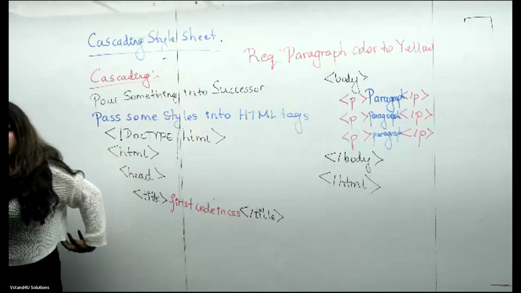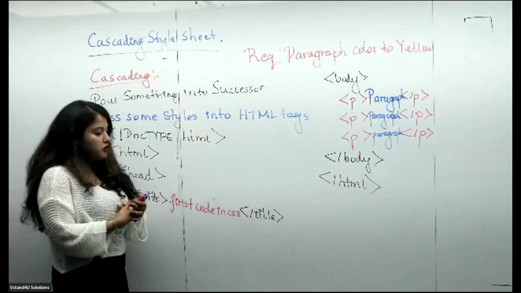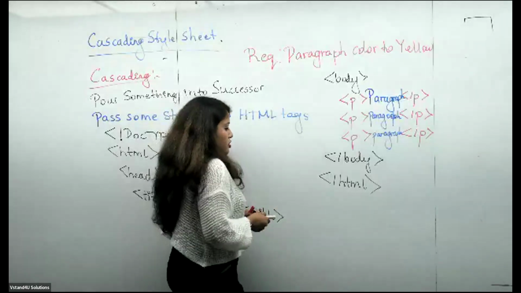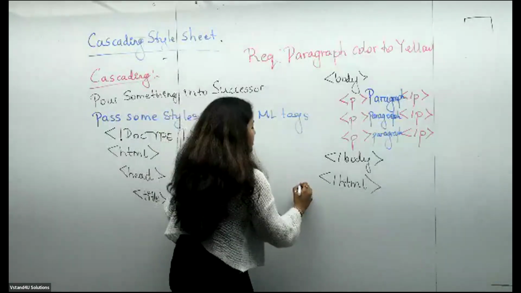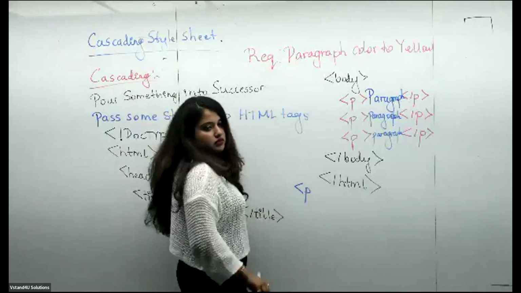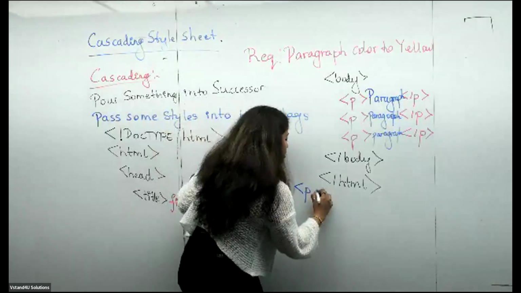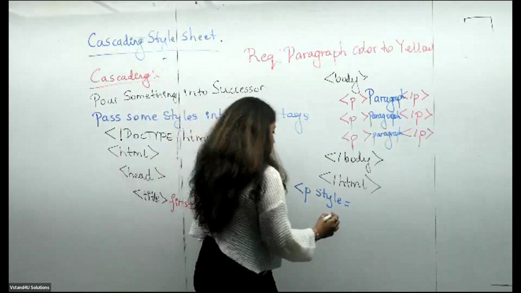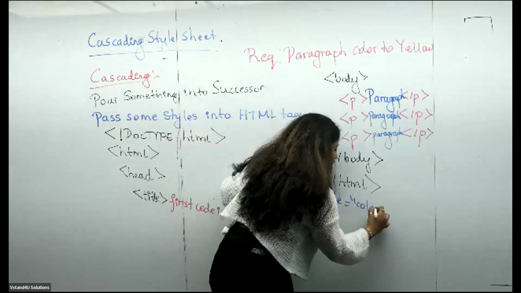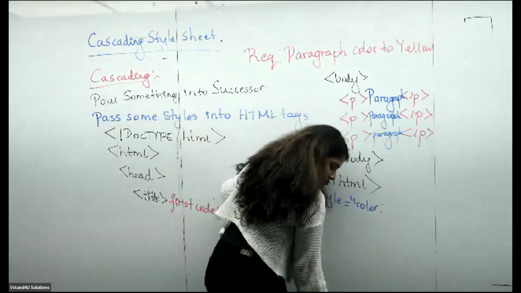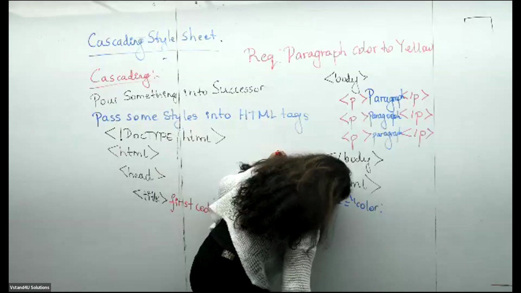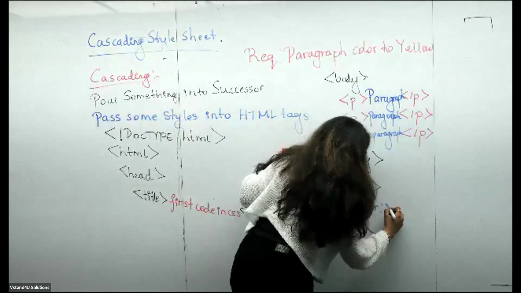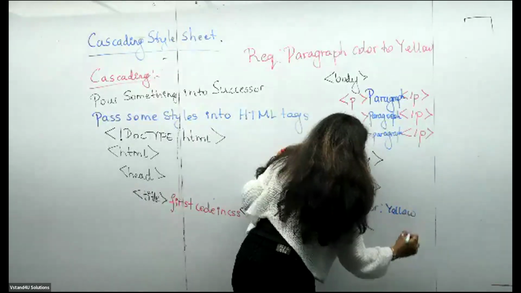Yes, my dear online students. So what you people will do is consider your paragraph. Next, you will use the attribute called style equals to, and you will mention something called color, and for this color you will give yellow.